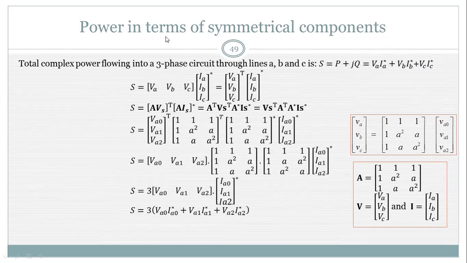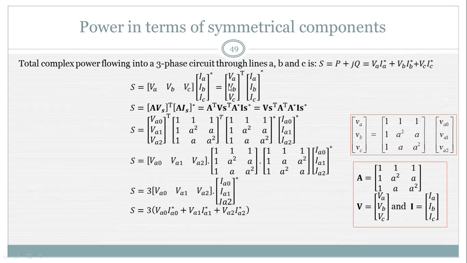Now our topic is power in terms of symmetrical components. We want to replace this power equation with symmetrical components. So how can we do this? This is the complex power equation, voltage times current conjugate. We shift the row vector to a column vector, that is, the transpose of the voltage matrix.